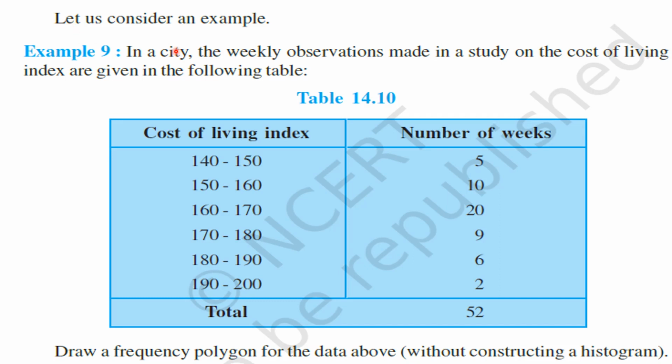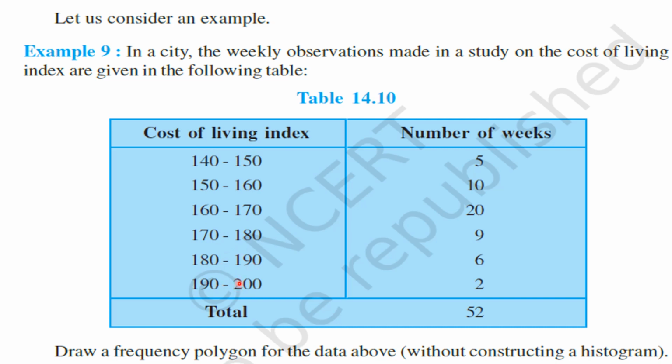Without using the histogram, how to construct a frequency polygon for a given frequency distribution. Okay, my children. Right. See this example. In a city, the weekly observations made in a study on the cost of living index are given in the following table. See this table, my children. Cost of living index: 140 to 150, 150 to 160, 160 to 170, 170 to 180, 180 to 190, 190 to 200.